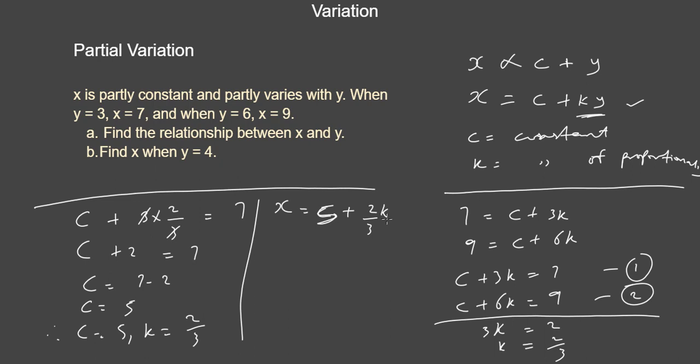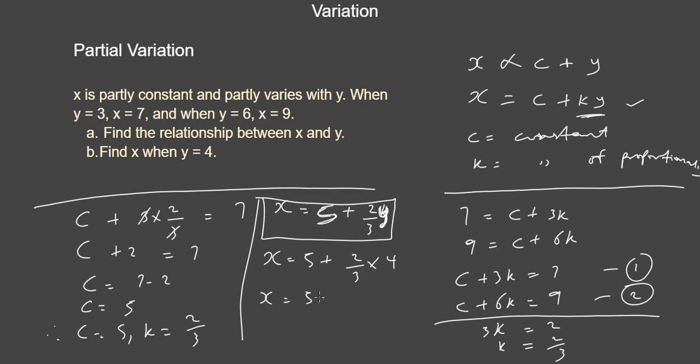Once you've gotten the final formula without the constants, the next thing to do is to answer the next question, which is find x when y equals 4. To do that, you just say x equals 5 plus, and plug in the value of y as 4 right here, and then you solve for x.